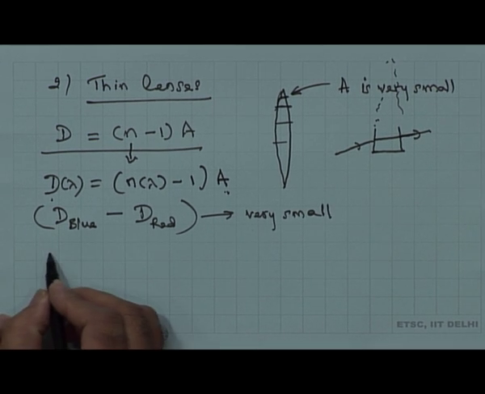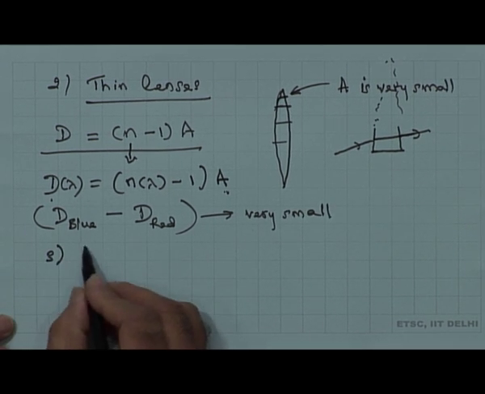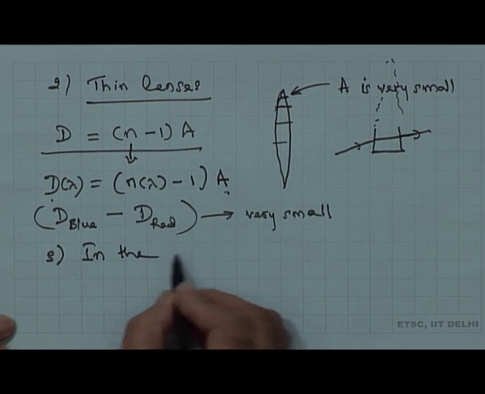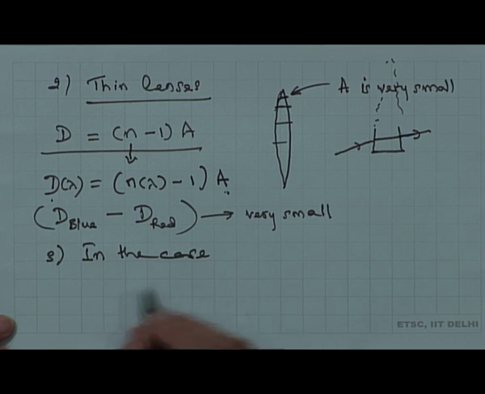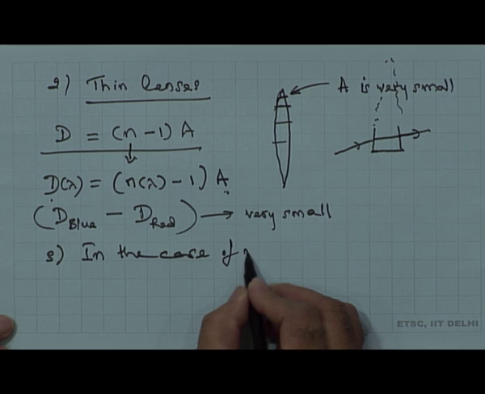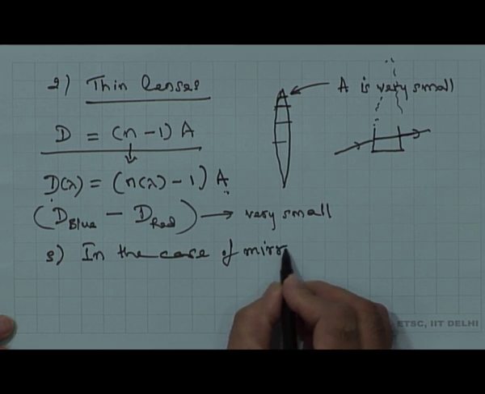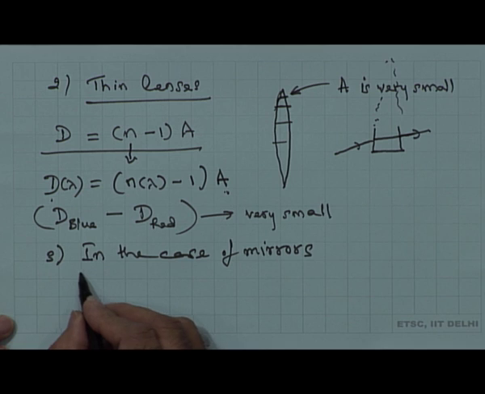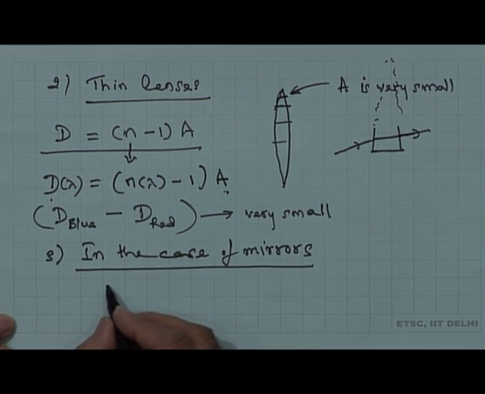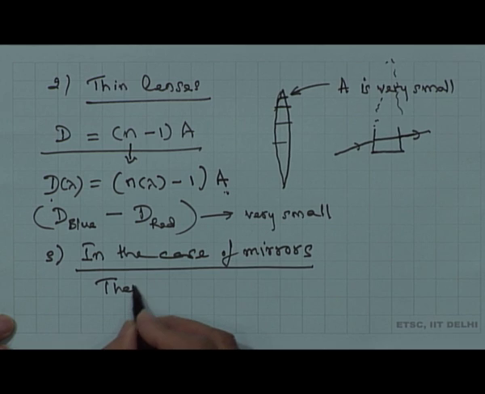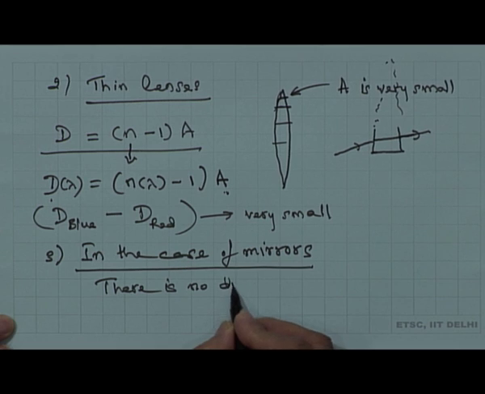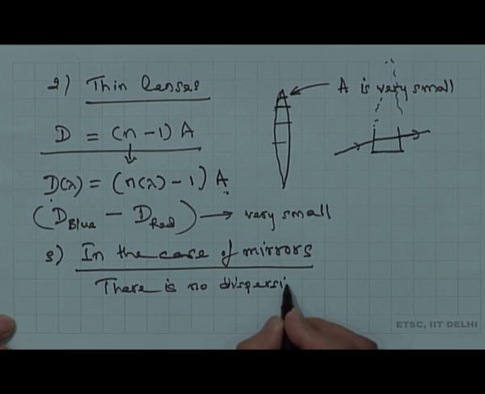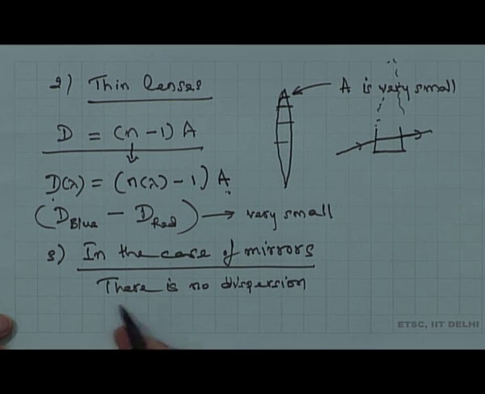And third, in the case of mirrors, our first discussions were with mirrors. In the case of mirrors, there is no dispersion. Why is there no dispersion? Because light does not propagate through the mirror, it is reflected from the mirror.